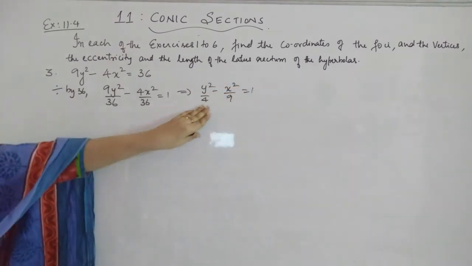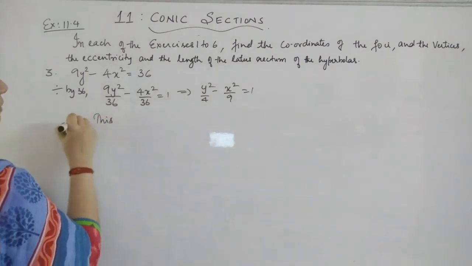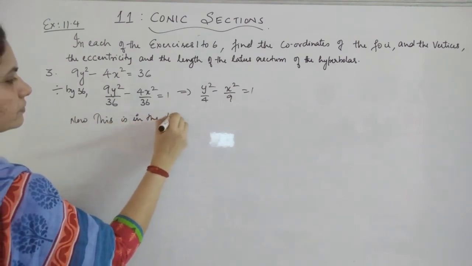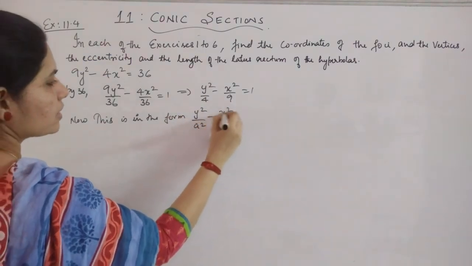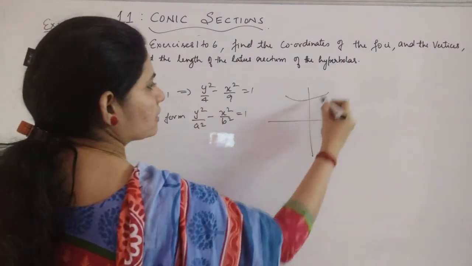Now you can compare it with the standard form, y square by a square minus x square by b square equal to 1. That means the figure will be like this.